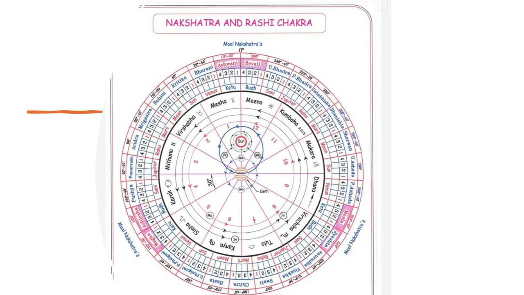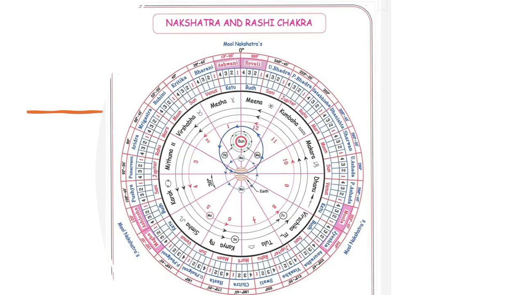Now if I say Kanya 10 degrees, what is the exact longitude? Look at the chart if you don't remember. What would be the exact longitude, in 360-degree format? Kanya means the 6th Rashi.